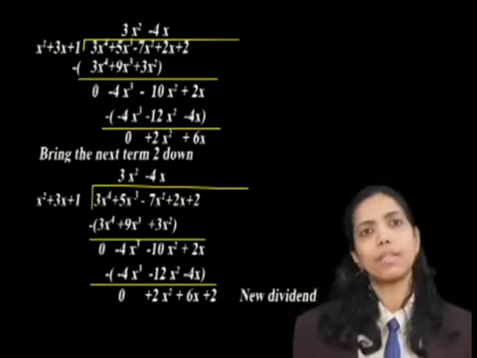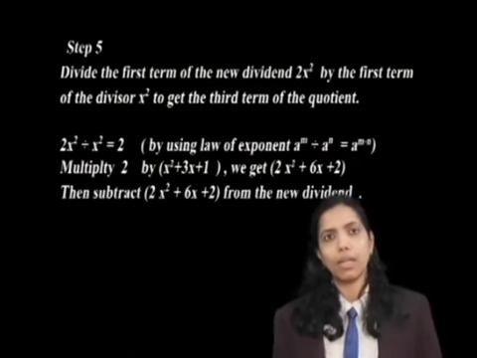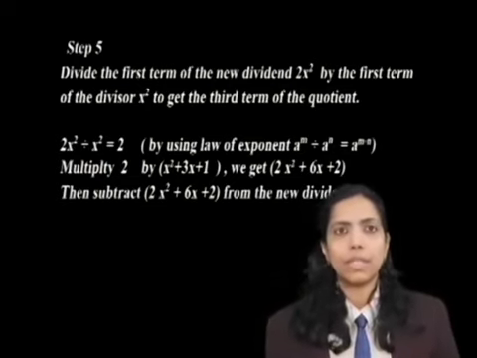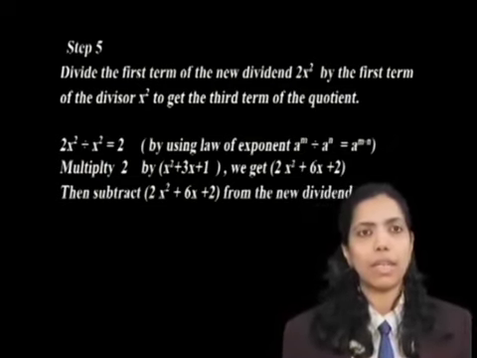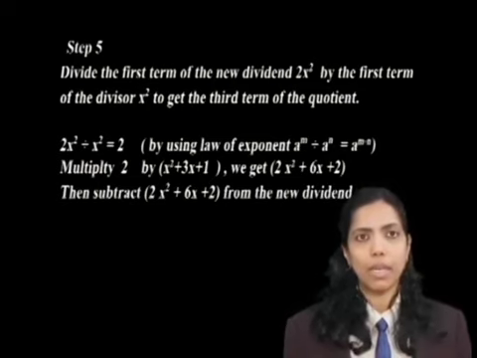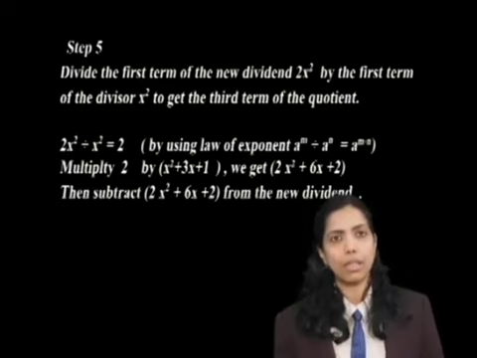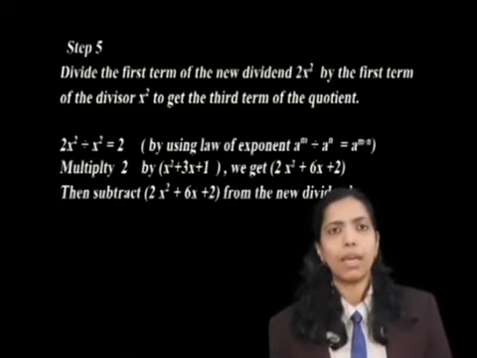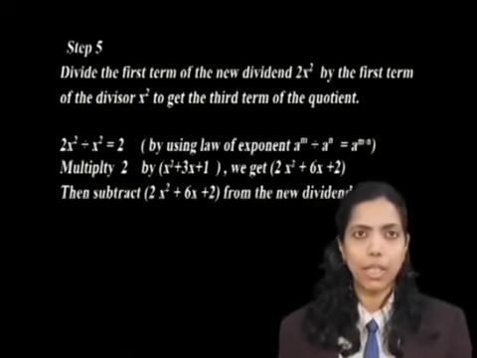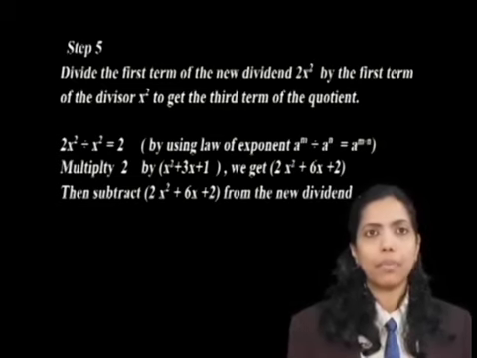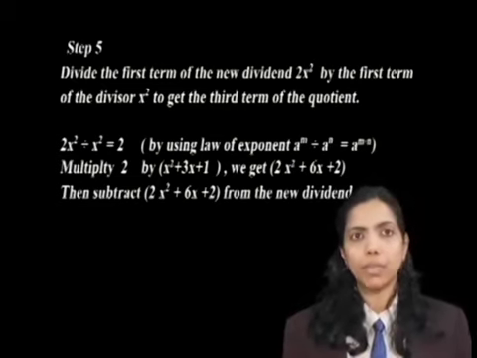Now the same procedure we are continuing. We have to divide 2x square by the first term in the divisor, x square. 2x square by x square, what is the answer? Of course 2. So the third term in the quotient turns to be 2. Again, we have to go for the multiplication. 2 has to be multiplied by x square plus 3x plus 1.